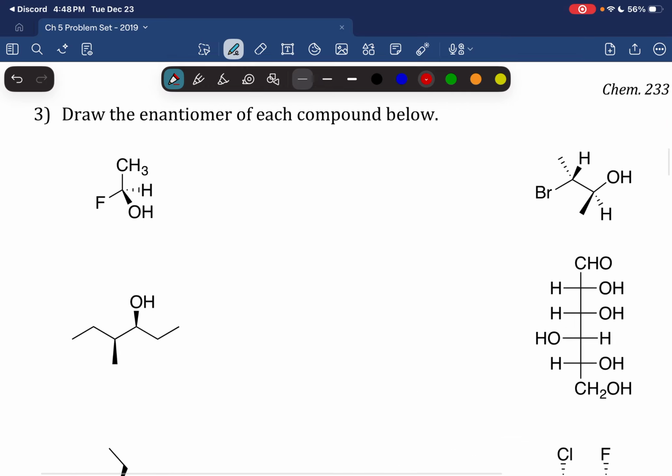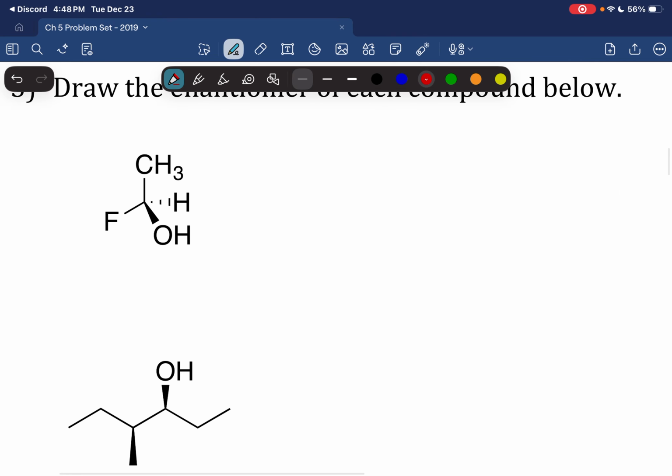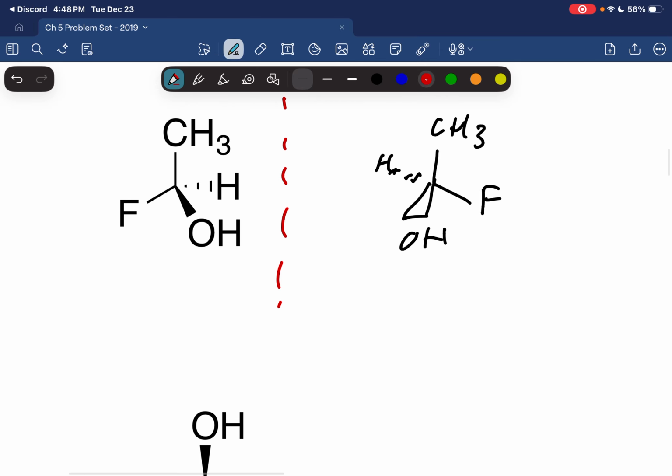Draw each enantiomer of the compound. Okay. CH3, fluorine, OH, dash hydrogen. We can test this out.